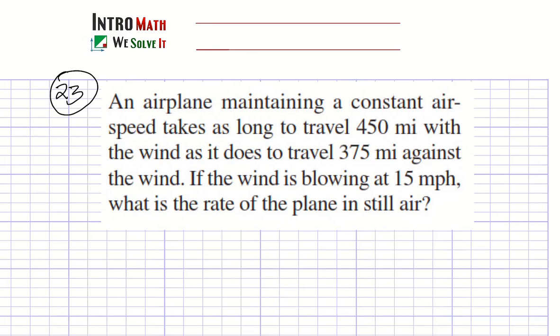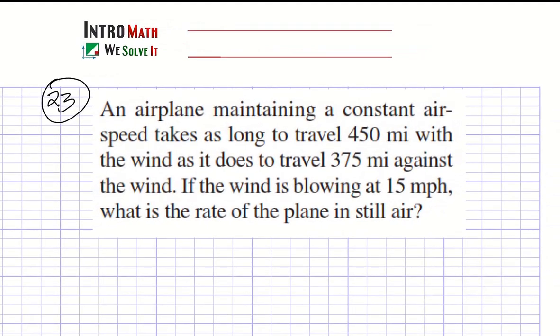Okay, so there is still air. Over there was still water, okay? Over there the boat was moving in still water, and here the plane is moving in still air, okay? Over here it gives us the speed at which the plane is traveling with the wind. Remember, the boat was traveling downstream with the current.